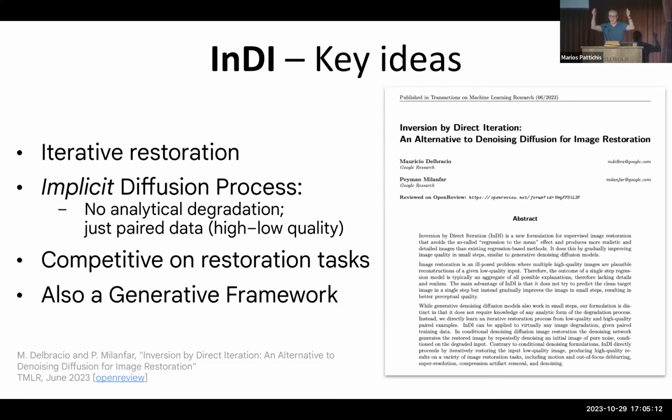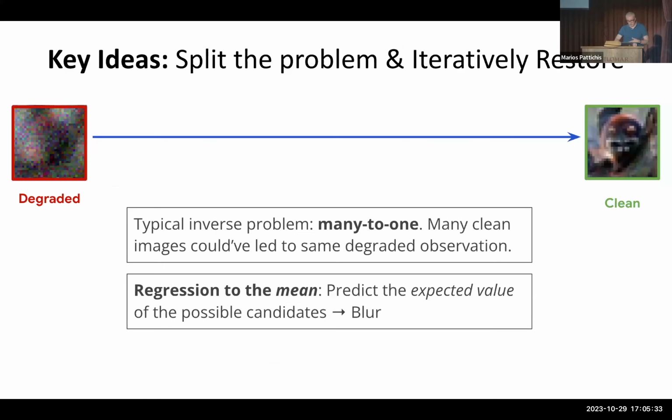All we have are paired data, clean data and degraded data, whether it's noise or blur or any number of things. And it's competitive on various restoration tasks, but as a side effect, it also has generative capabilities. You can just generate images from noise as well.